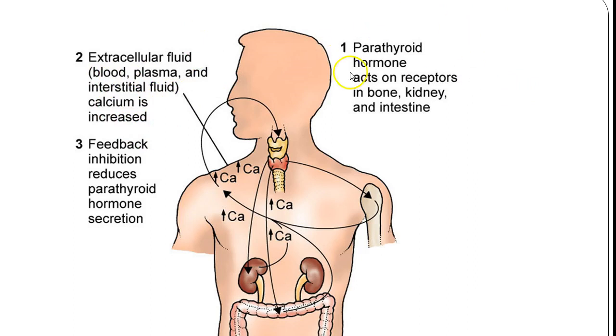So that's the role of PTH, to increase blood calcium. And they maintain that through feedback inhibition, which will reduce parathyroid hormone secretion when calcium levels are normal. So that is a very nice diagram of the physiological actions of parathyroid hormone. Okay?